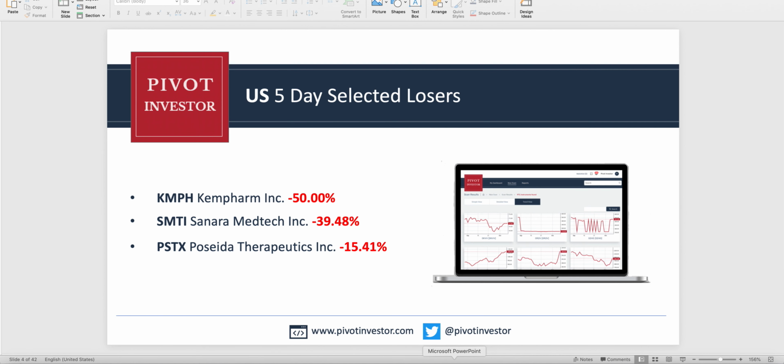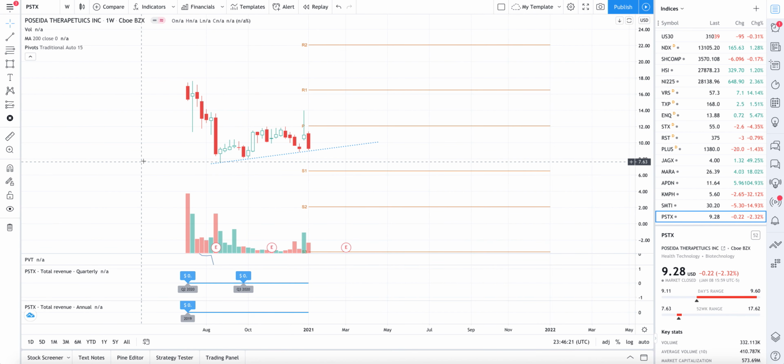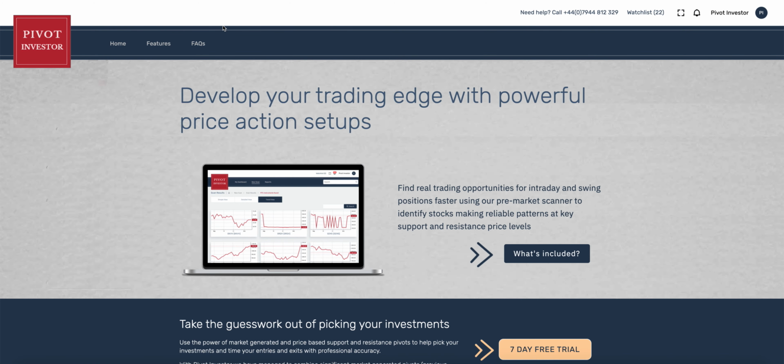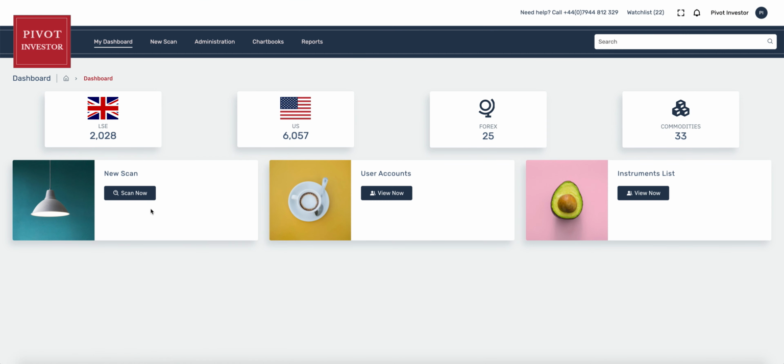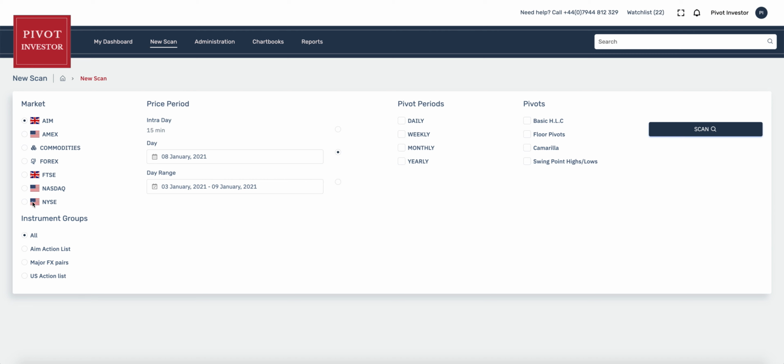So those are your losers over the last 5-day period. Now we're going to head over to pivotinvestor.com to perform a market scan, to see if there are any potential opportunities over the coming week. So on pivotinvestor.com, go to new scan. Here I'm just going to select perhaps the Nasdaq.